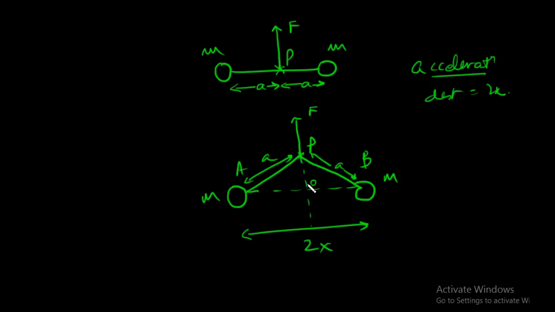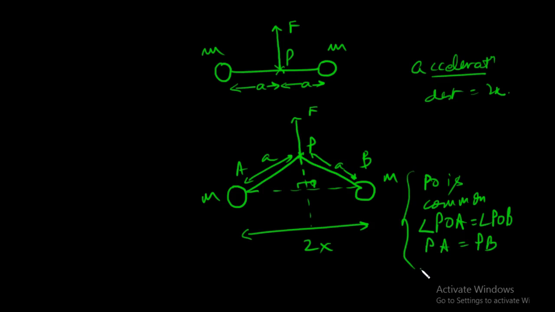This is 90, this is 90, okay, and this is a common line. You see PO is common, okay, and angle POA equals angle POB and PA equal to PB. So these three conditions tell us that triangle APO is similar to triangle BPO. Alright.